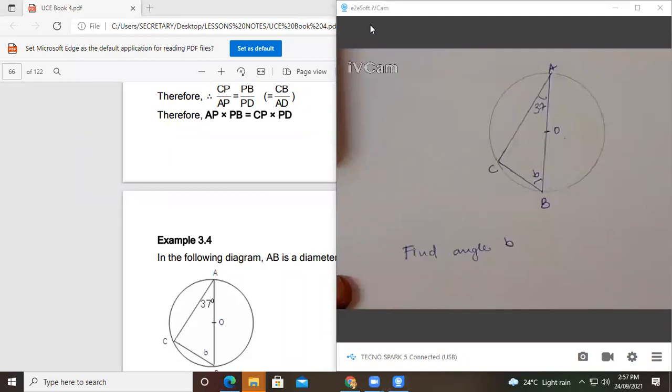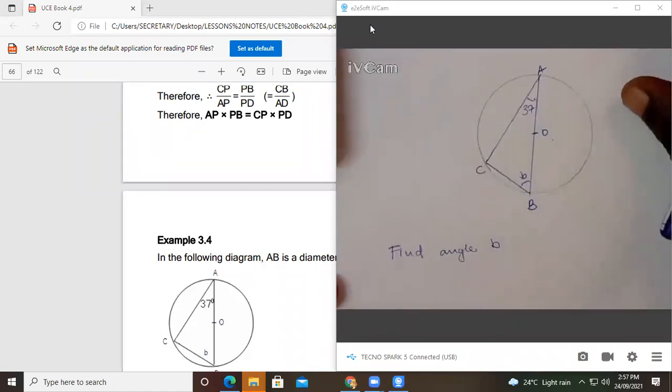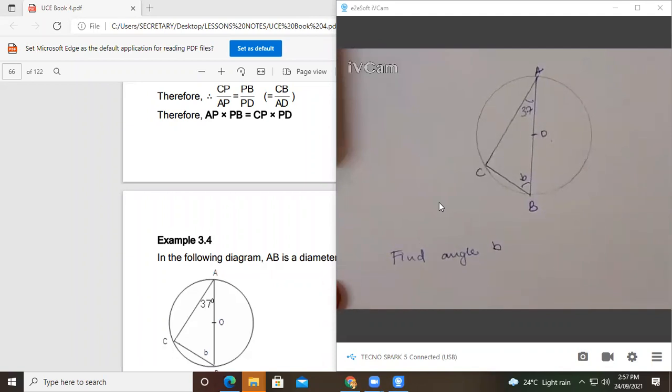What do you think line AB is? Which name is given to line AB? That's a diameter, correct.